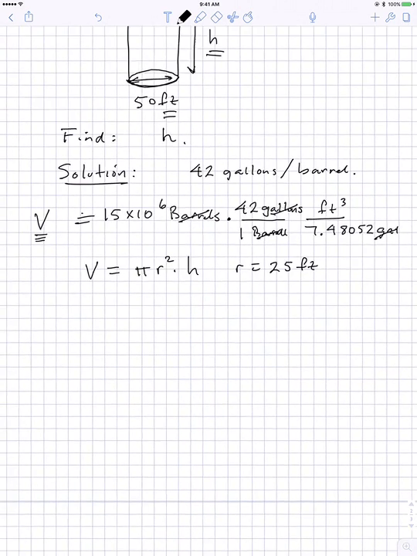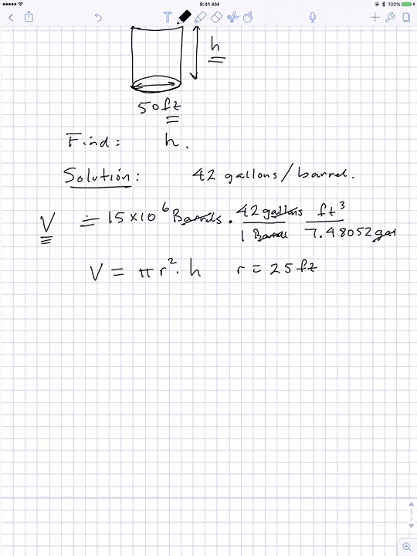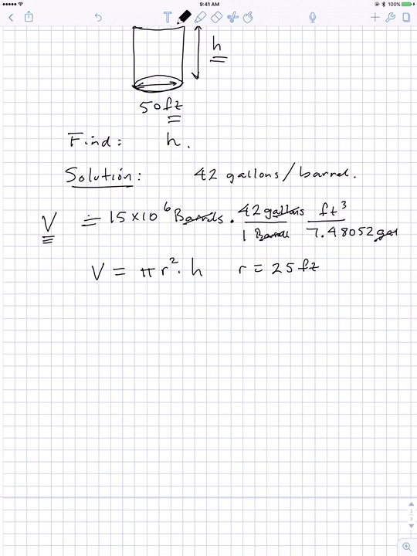So we're already in the right dimensions because volume is in cubic feet. We know the value of pi. We know everything we need to know. We can now solve for h. V is known, we simply divide by pi r squared. r is 25. Plug that in, and you get the answer.